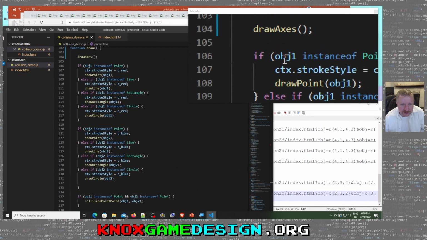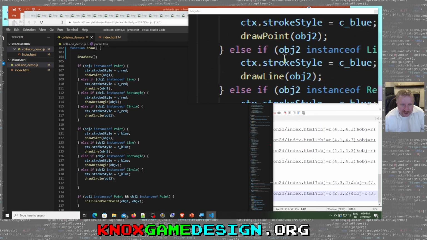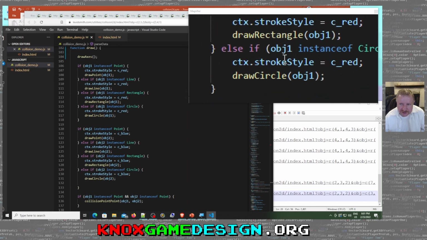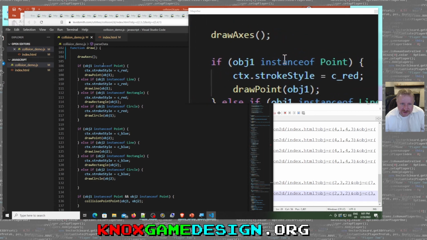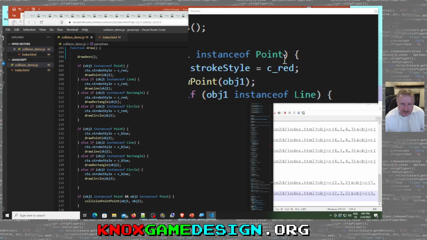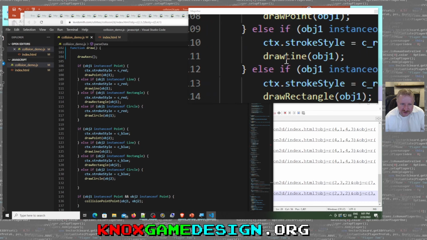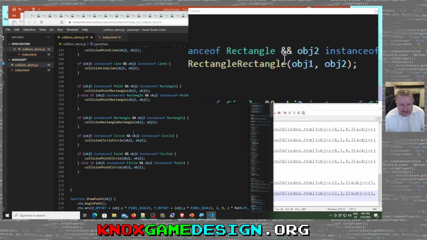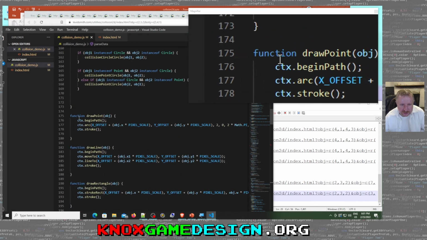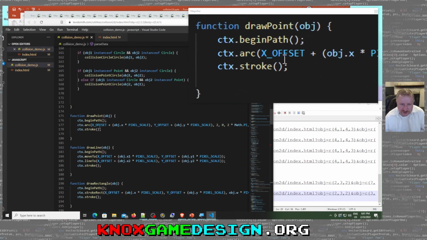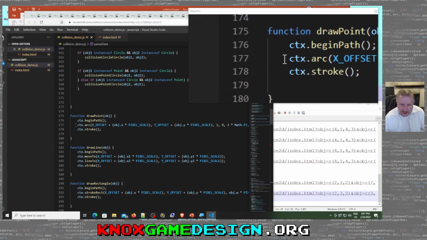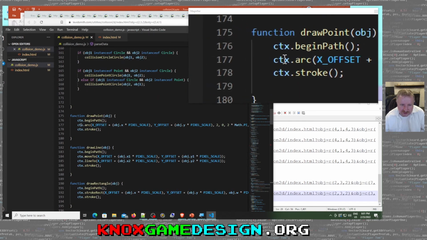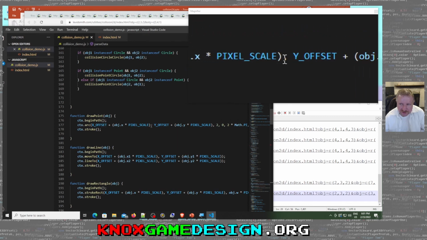So yeah, I've got drawing methods for each. Once you've got the 2 object classes, it uses instanceof to check what type of object that is, then it draws that. That's one reason I picked JavaScript, because I knew it already had methods defined for drawing on a canvas. Here's a draw point. For a point, I'm using an arc, which is basically a circle.